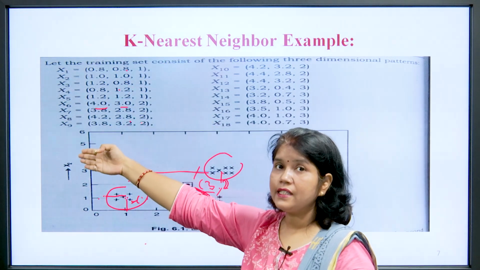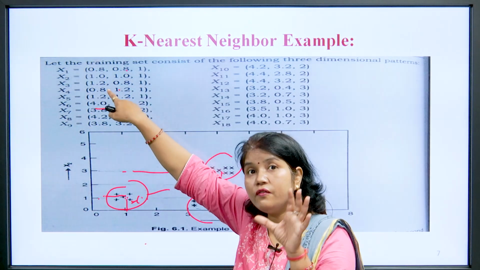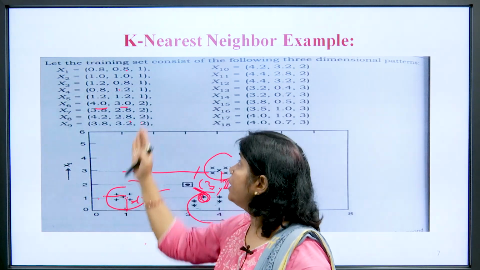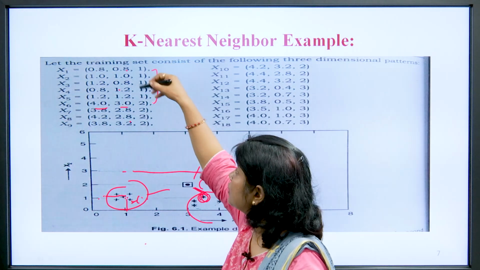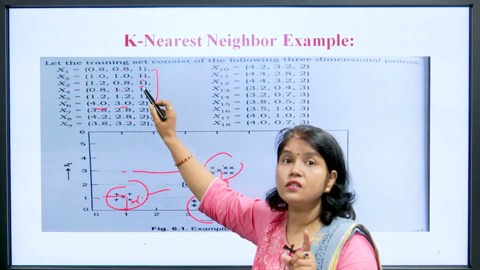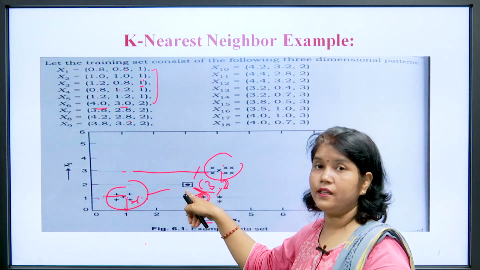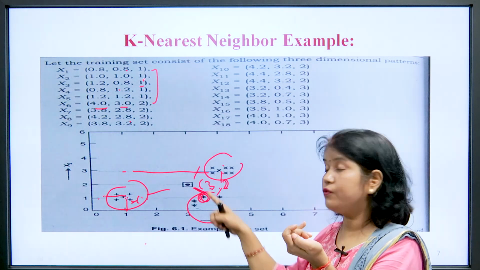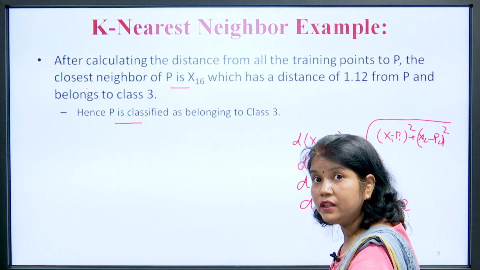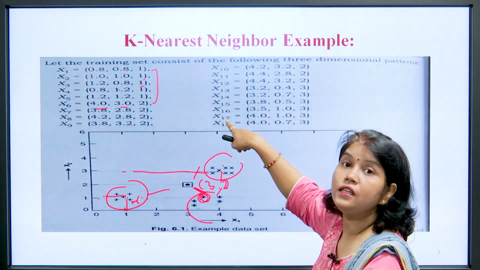I am just explaining again: this given data set has the corresponding coordinates along with their classes, class 1, class 2, class 3. Do not be confused. When a new data point is introduced, you take the distance to all the given data points with the help of this formula, finding dx1, dx2, dx3, dx4 up to dx17, dx18.